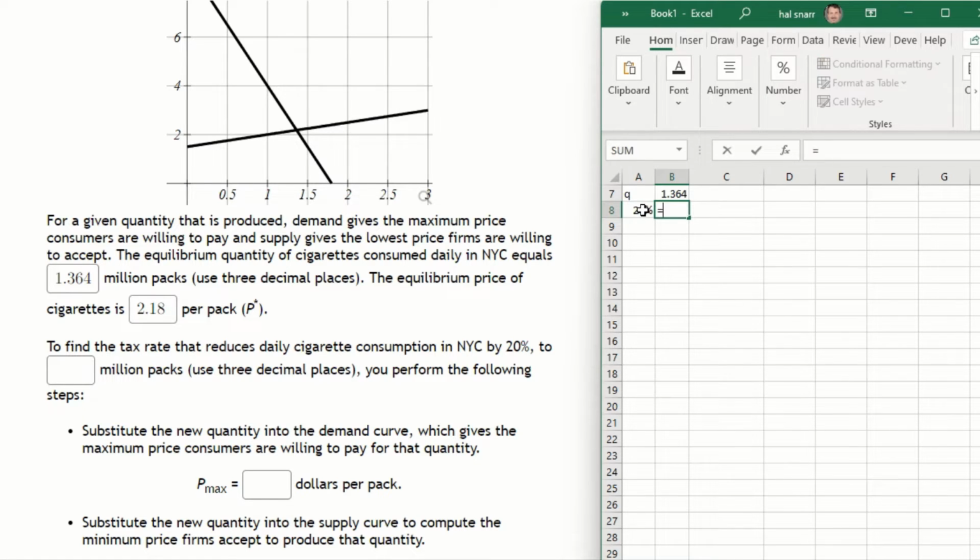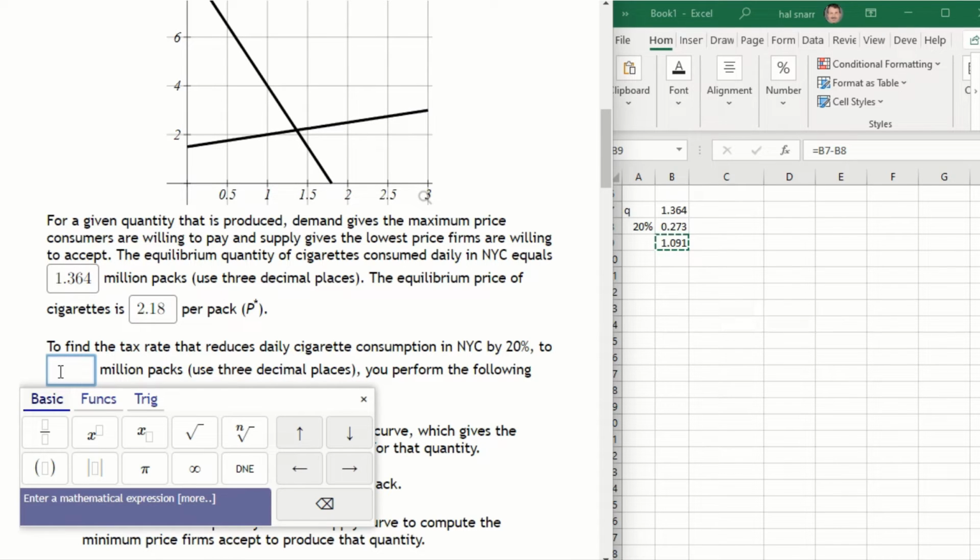So 20% of the 1.364 is that. If I subtract the two, I get what we want quantity to end up being after the tax, because we want to choose a tax rate that lowers consumption by 20%, and this is a 20% reduction, right?